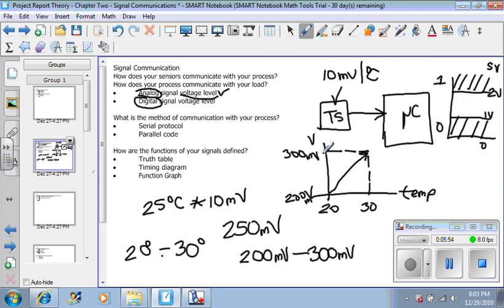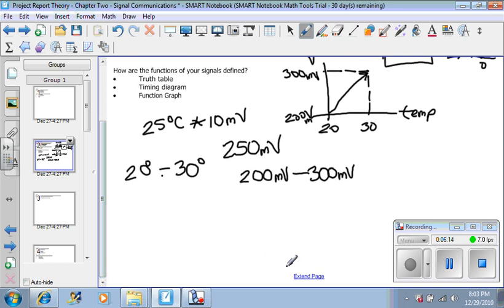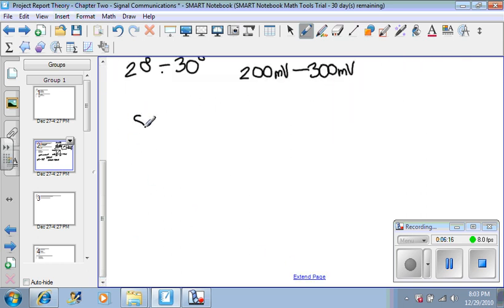We want to be able to know all the voltages between 200 and 300 millivolts, which means we have to add another component between the temperature sensor and the microcontroller. We probably have to add something called an analog to digital converter between the two. My system is using an 8-bit analog to digital converter, which means that if I use 8 bits, I can represent between 0 and 255.